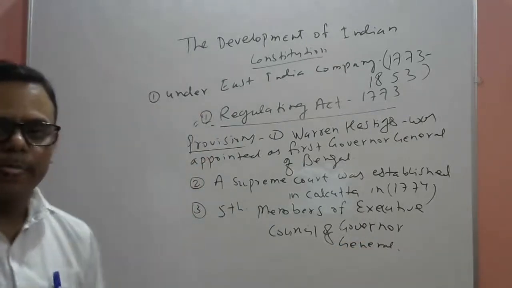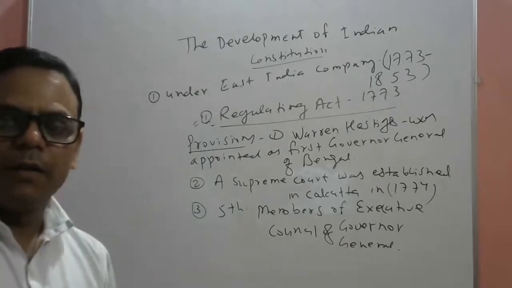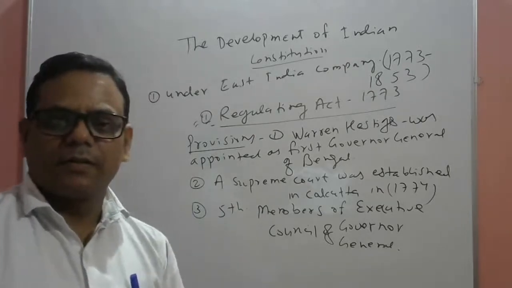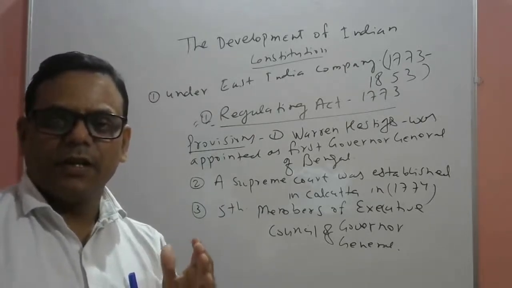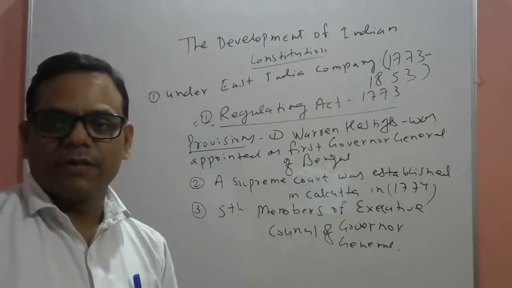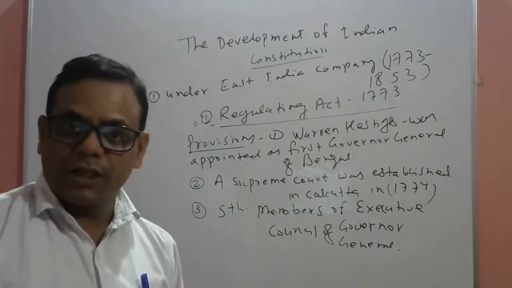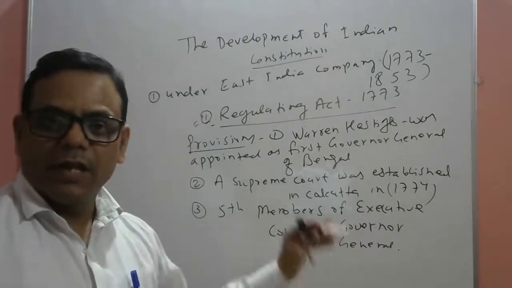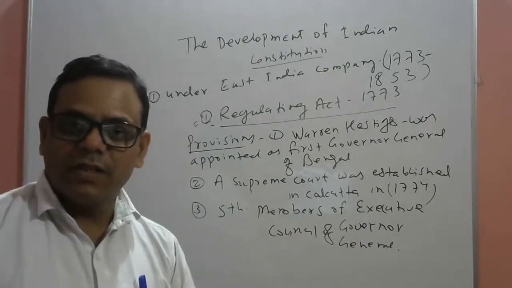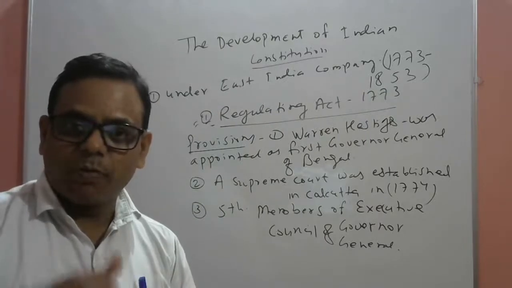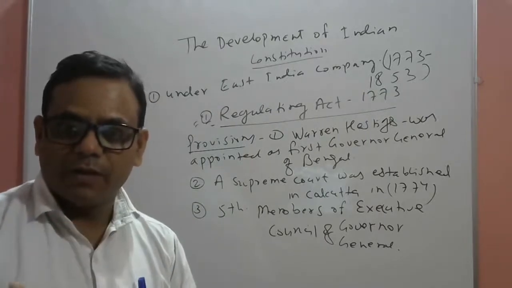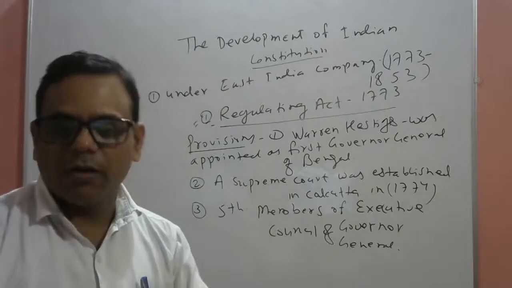It was decided that there shall be an executive council of the Governor General. In this council, there will be 5 members, including the Governor General, and this council has been provided the power to decide how to rule in Bengal.